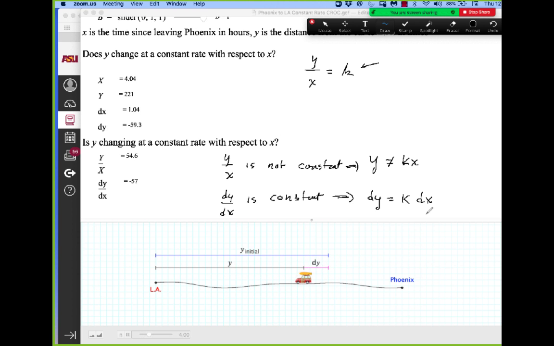So we know this is constant rate of change. Is this saying that the changes are in constant rate of change, or that the values, this is the big question, that x and y are in constant rate of change, or only dx and dy? Only dx and dy, not x and y.